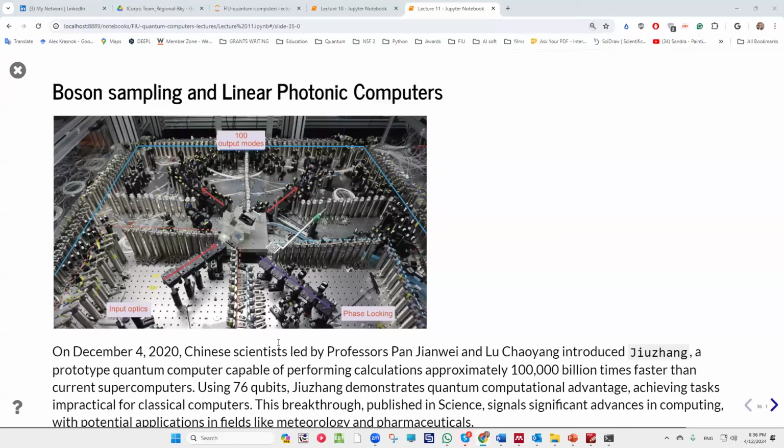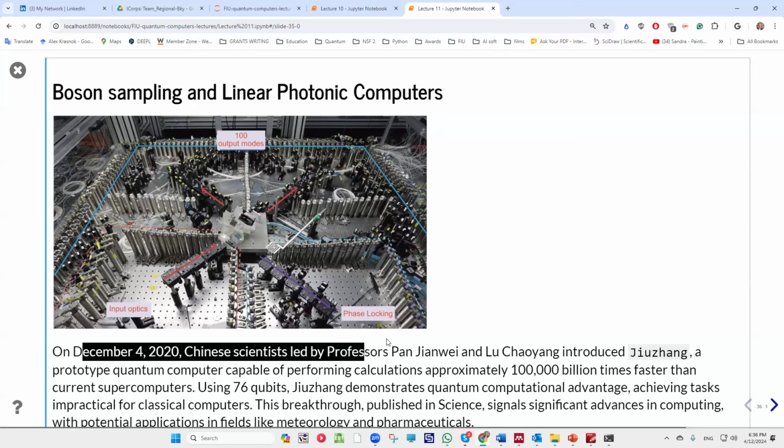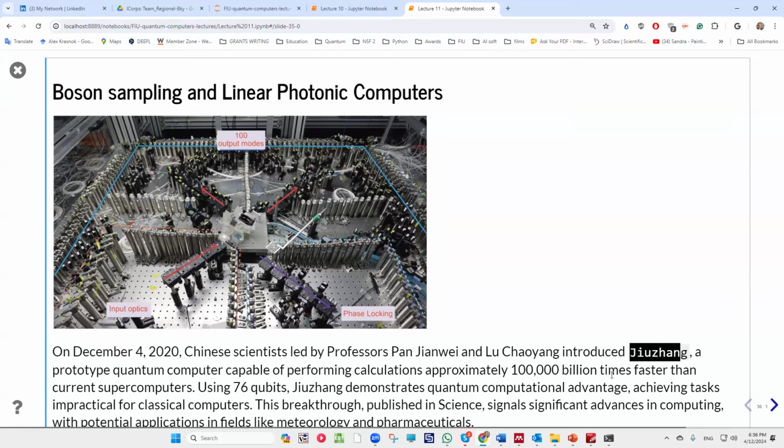So this is a system of 76 qubits. This system has been proposed and realized recently by a Chinese group, and it is called Jiuzhang. Yeah, this is the name of the system.